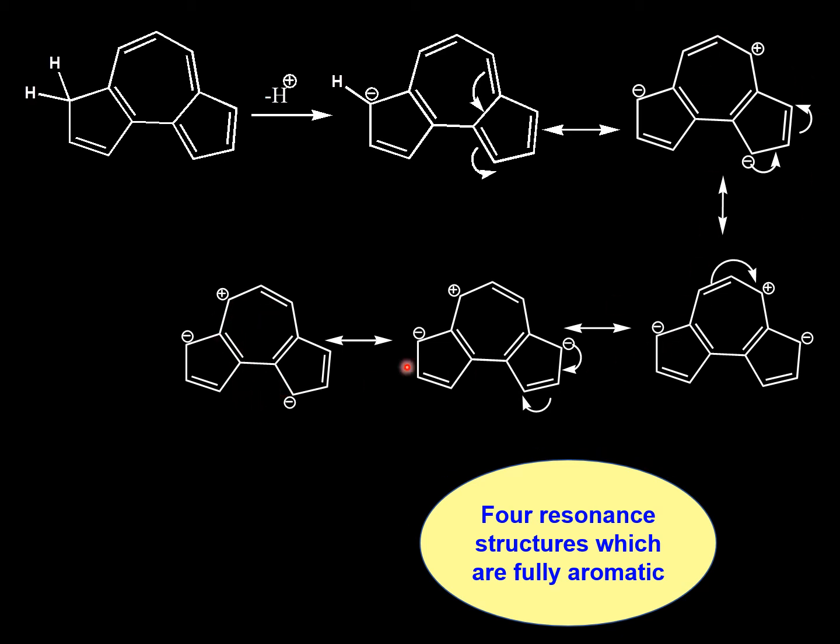In all these 4 resonance structures, you will see we have kept the negative charge only at a particular carbon of the first 5-member ring. So you can draw a few further structures where you can delocalize this negative charge on another carbon.